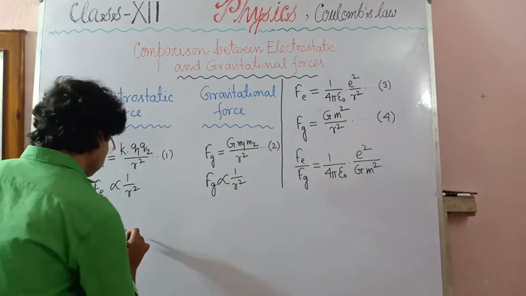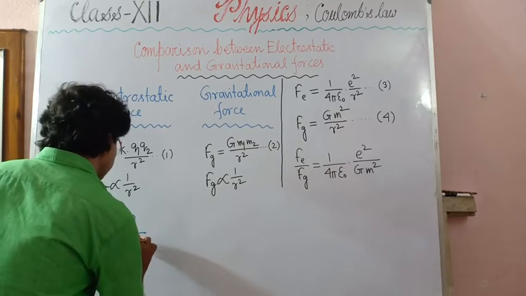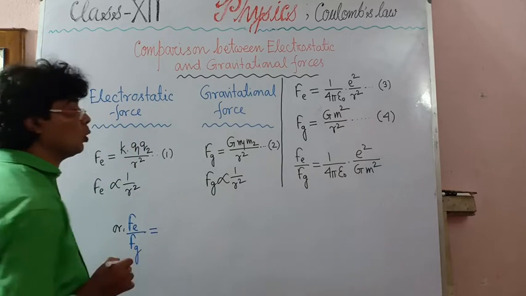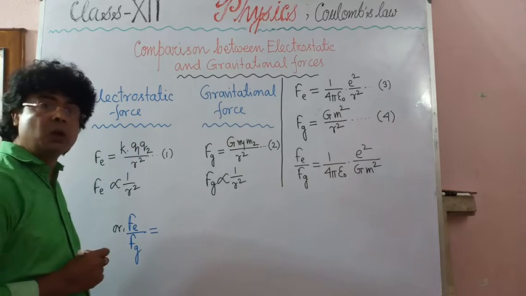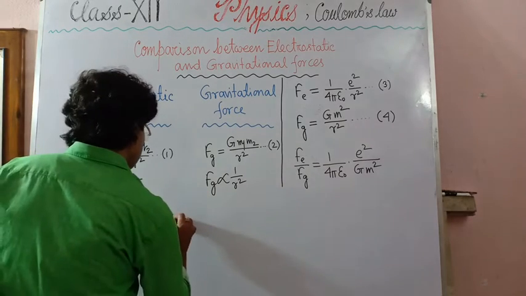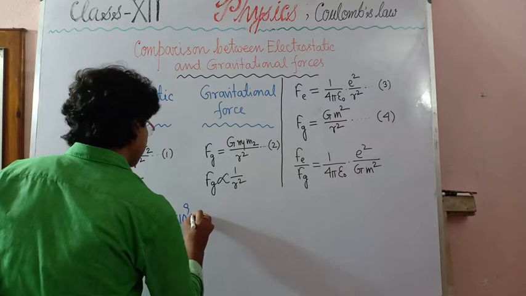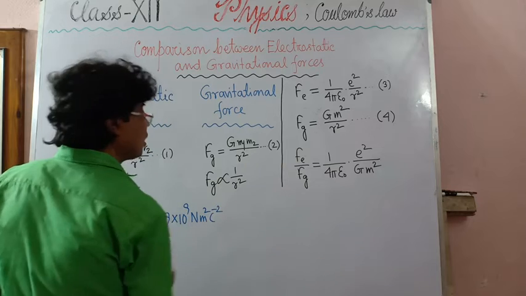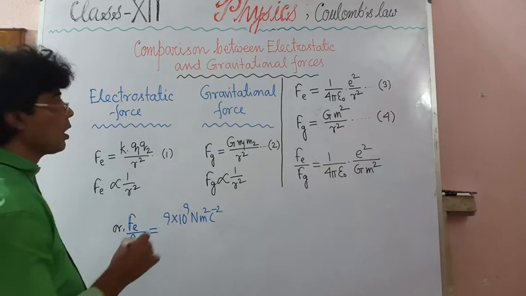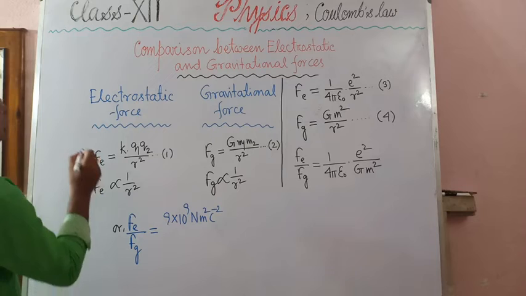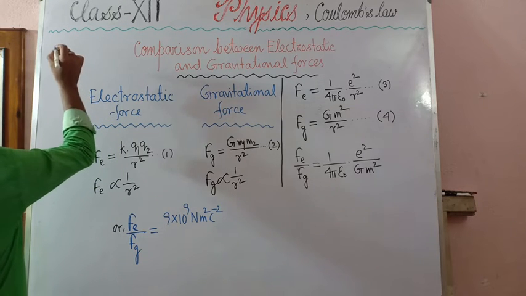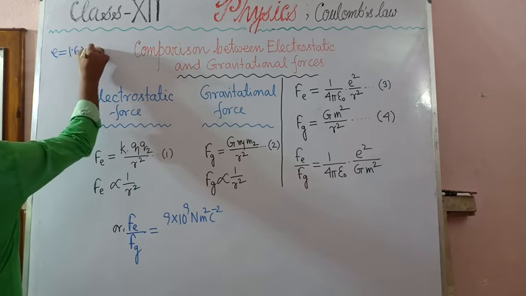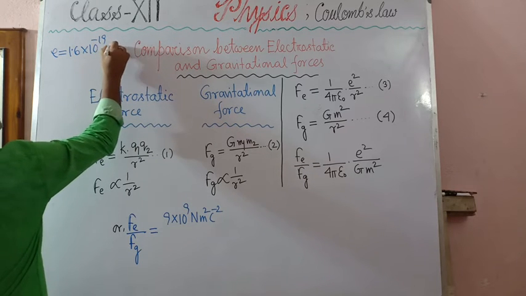or Fe by Fg equals, we know 1 by 4 pi epsilon 0 equals 9 into 10 to the power 9 Newton meter square per Coulomb square. Here we consider magnitude of charge of an electron e equals 1.6 into 10 to the power minus 19 Coulomb.